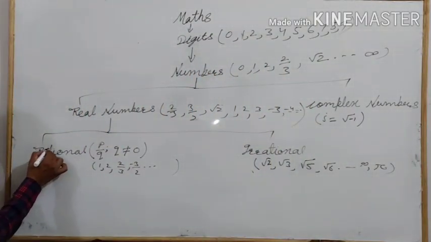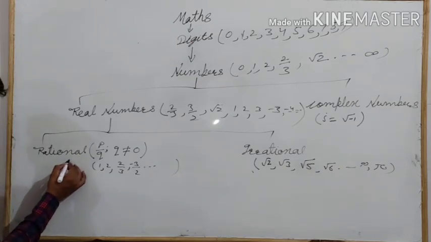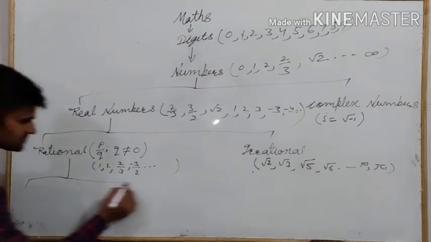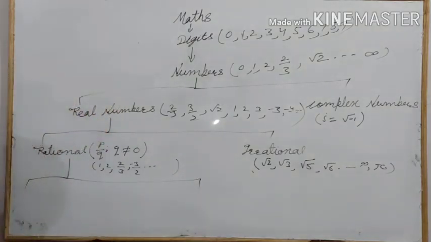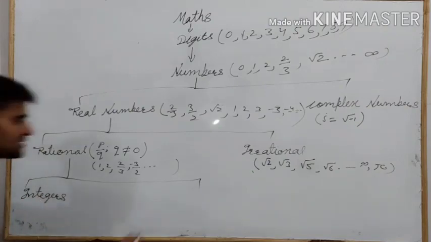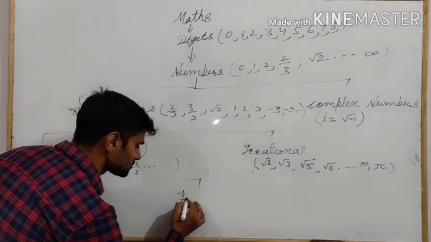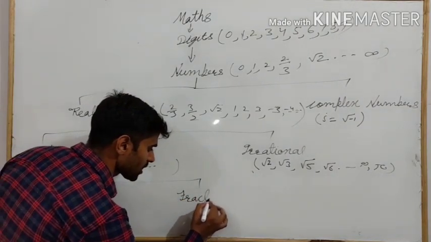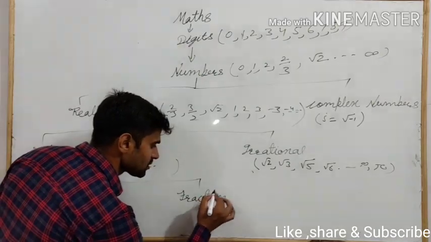Now rational numbers also have two parts. First, integers, and second is fractions.